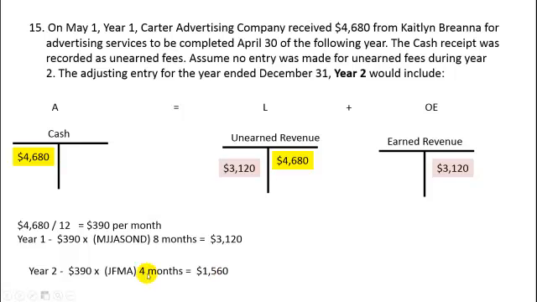So whether we do it month by month or whether we wait until the end of year 2 and make this entry, this is the entry we're supposed to make, and this is the adjusting entry. So we're going to remove the remaining amount out of this liability and into revenue one time at the end of December 31st, year 2, and the entry is going to be for 1560. So we're going to take 1560 out and move it into revenue, and that's the adjusting entry we're looking for right there.